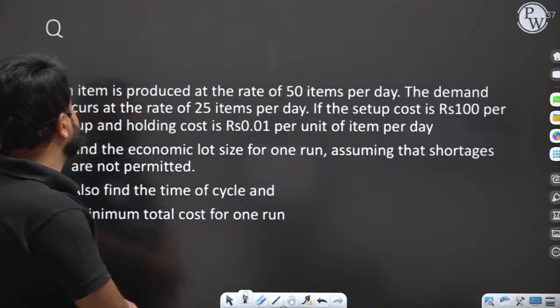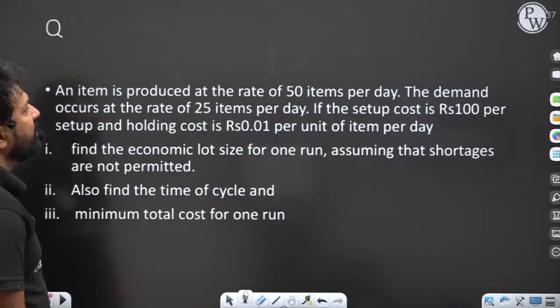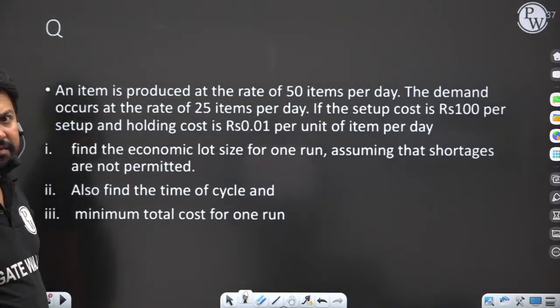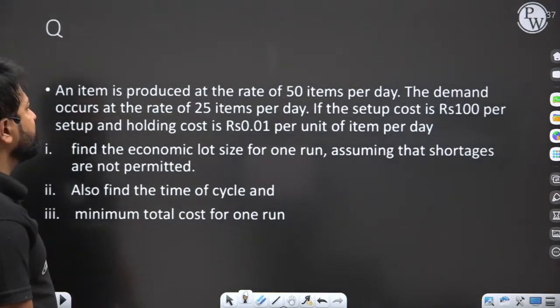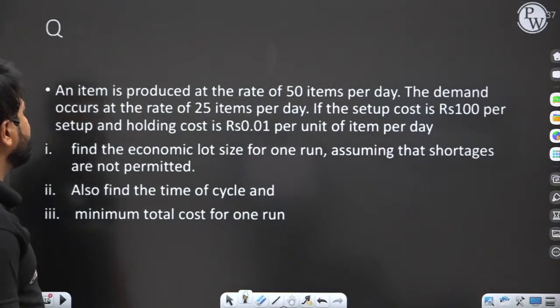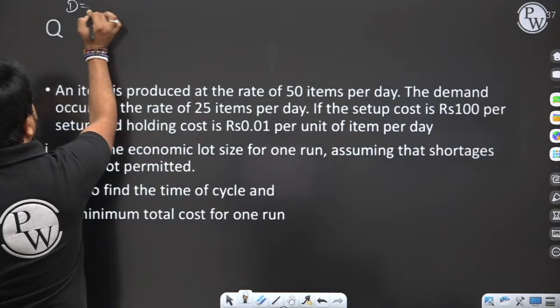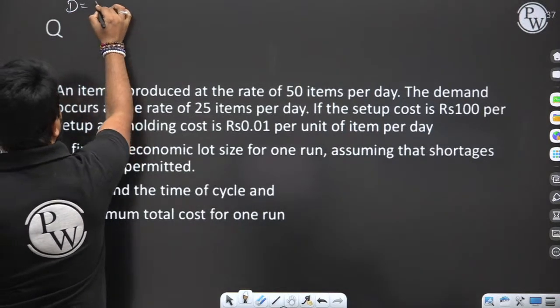An item is produced at the rate of 50 items per day.